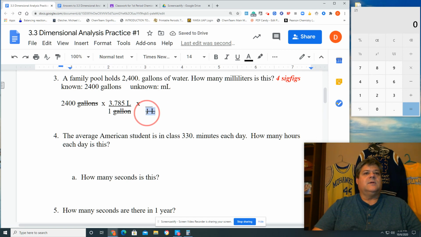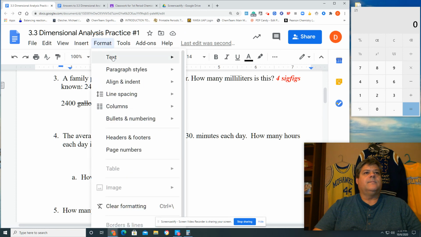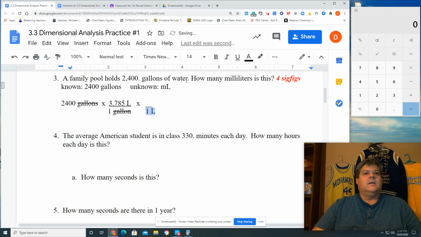And on the top, if I go down the staircase, 1 liter goes down 3 steps. That means I move the decimal over 3 places, and that equals 1,000 milliliters.